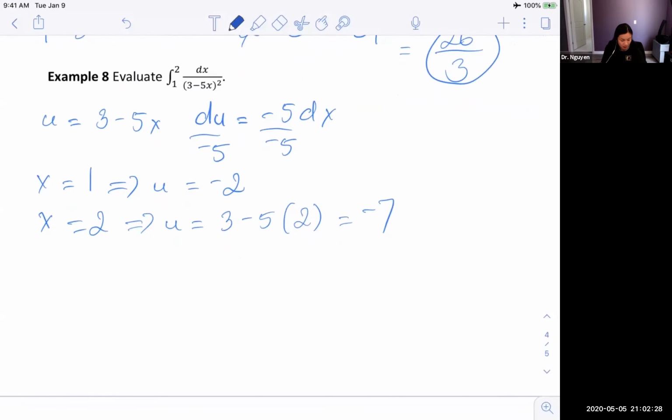Okay. And then we can just go ahead and plug it in. So instead of 1 to 2, now we have negative 2 and negative 7. Oh, don't forget we have that negative 1/5. So I can just put negative 1/5 here since I'm running out of room.